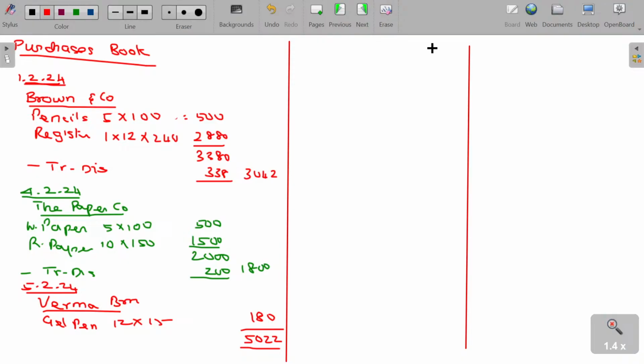So I'm going to open the Brown account first, Brown and Co., the paper company. How many accounts are there? All the parties' names will be one account each. Verma Brothers.